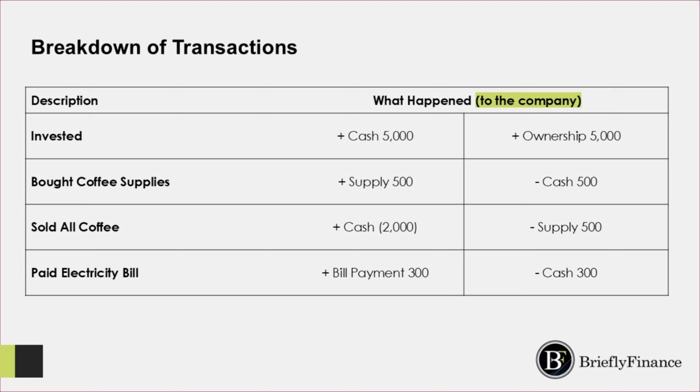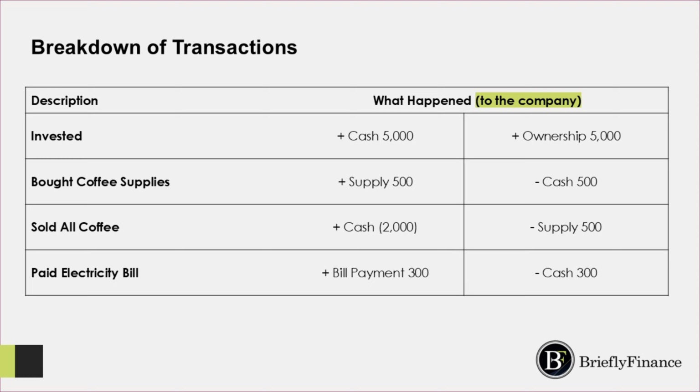So when you invested your $5,000, you've put money from your own pocket. So from the business side, it has now an ownership increase of $5,000, and it owes money to the owner. Then out of this money you bought supply.